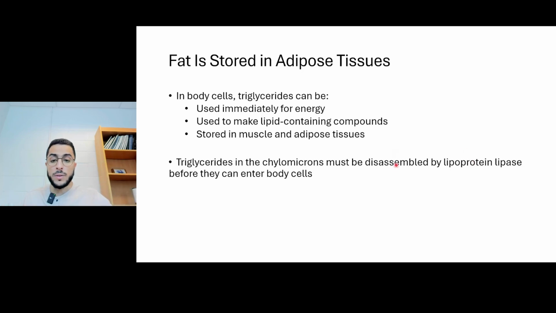You want to make lipids based on your needs, not based on what you eat, because otherwise we'd be in trouble. Because we clearly cannot follow a proper proportional intake of the different lipid classes. And so our body needs to take care of this by breaking down things, transporting them, rebuilding them.